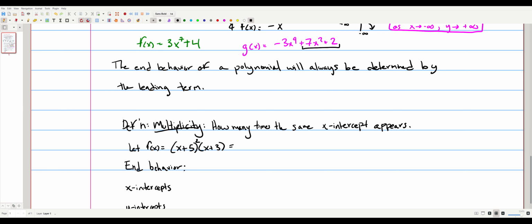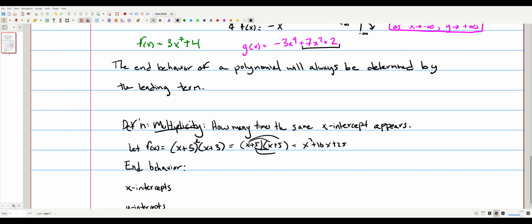So (x plus 5) squared is (x plus 5) times (x plus 5). If I expand this, we're going to FOIL, this way and that way, and what I'm going to get is x squared plus 10x plus 25.